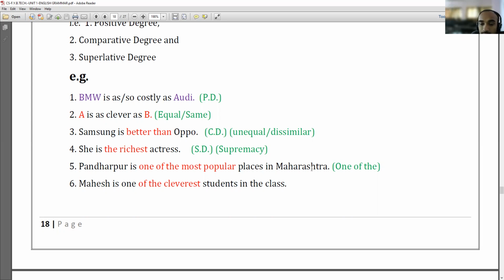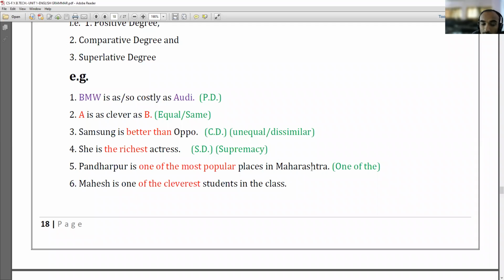So also take a note that when we are using one of the in the sentence, then we have to use superlative form of adjective. जेव्हा वाक्यामध्ये एखाद्या वन ऑफ द असं येतं, एक फ्रेज येते, तर त्या वाक्यामध्ये आपण त्या ऍडजेक्टिव्हचा कुठला फॉर्म वापरायचा? सुपरलेटिव्ह फॉर्म वापरायचा.